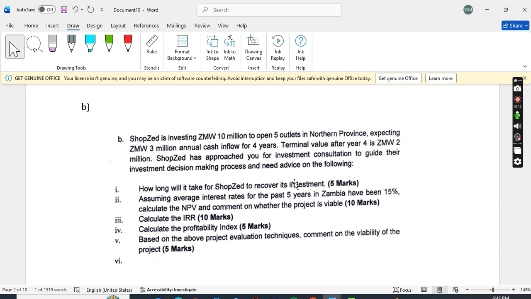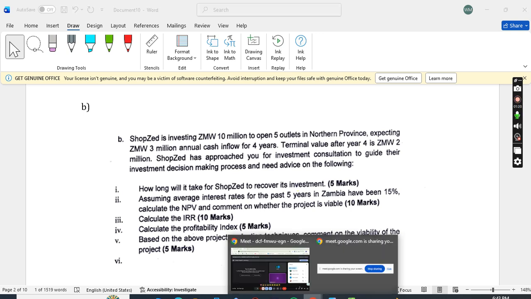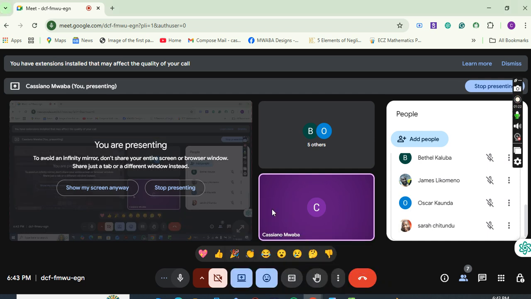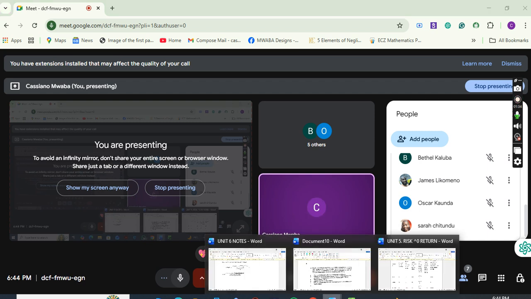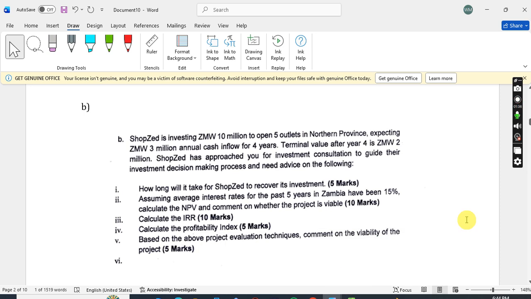The payback period is an investment appraisal technique where you want to find out how long it will take you to get your money back. Okay, colleagues? This is how you do the payback period.